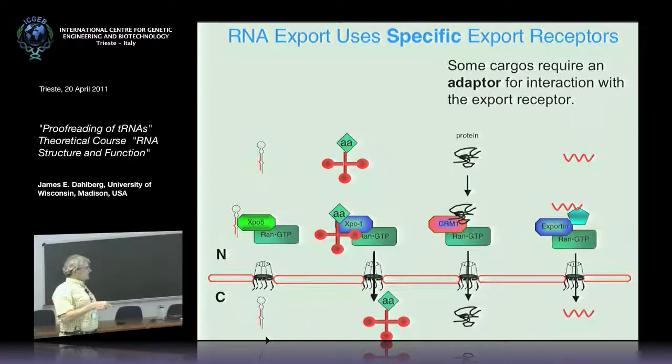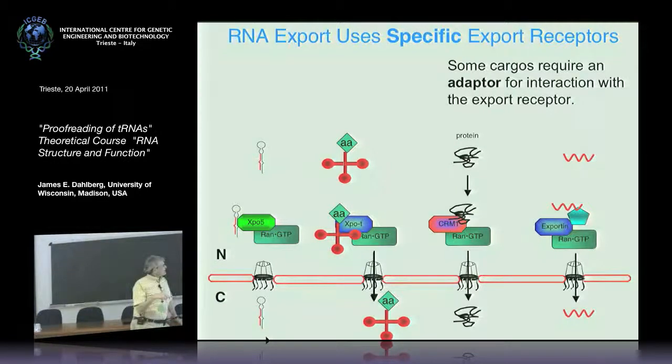So it's the adapter that would bind to an export receptor, oftentimes CRM1, and the adapter itself binds to an RNA. So now this is making a bit of a more complicated structure.